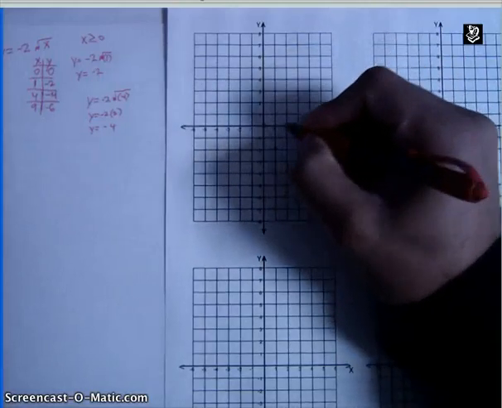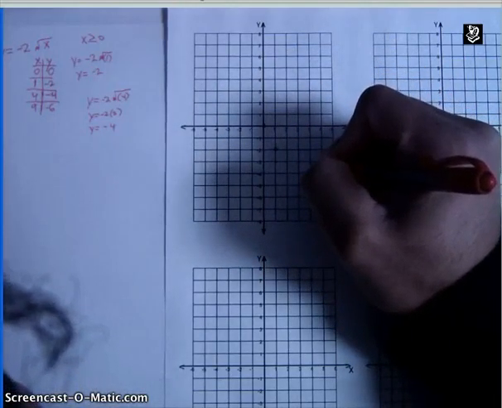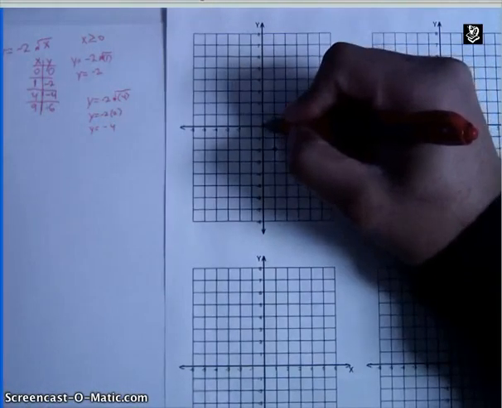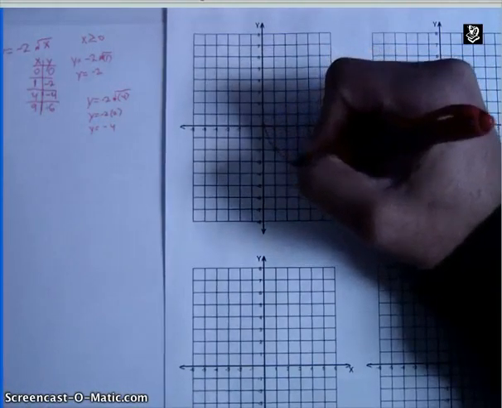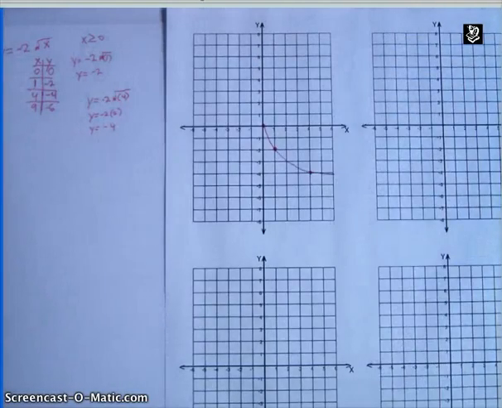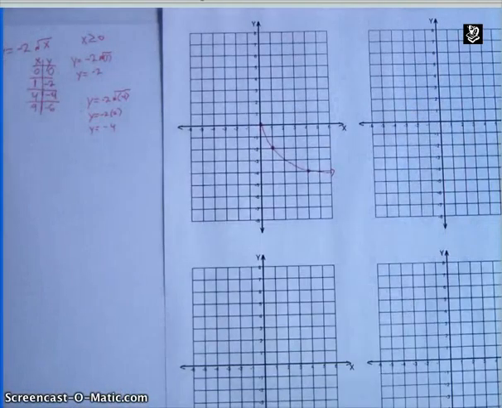Then we go to 4, -4. And so we know our graph looks like this. It starts at the top right there, and it goes on forever.